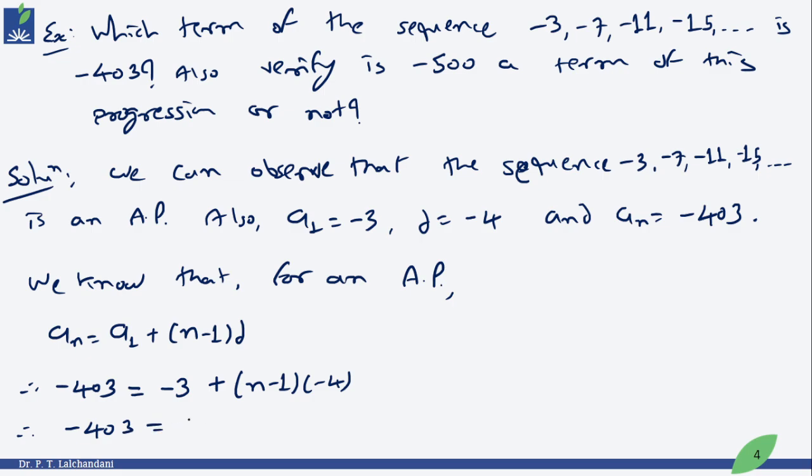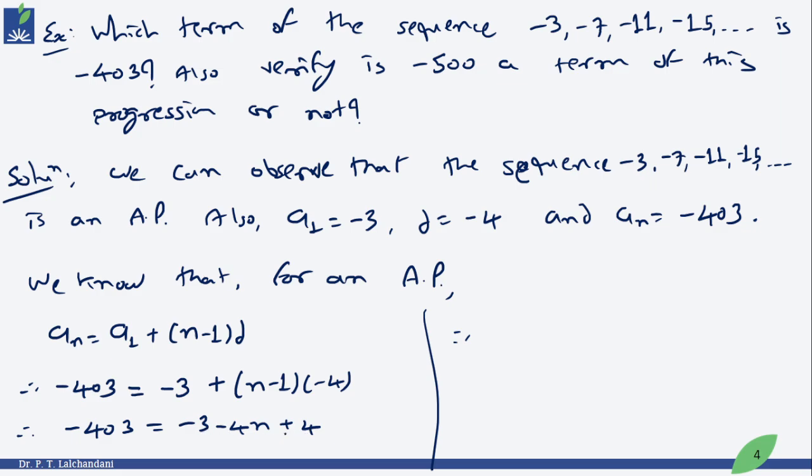Let us simplify a bit more. -403 is equal to -3 plus, simplifying the bracket, n into -4 is -4n, and minus minus plus 4, 1 into 4 is 4. So -3 plus 4 is plus 1.